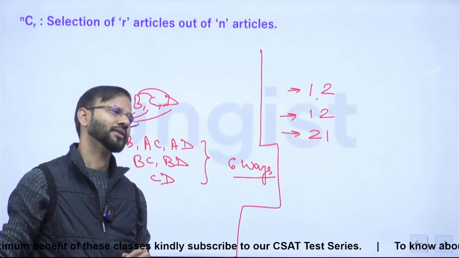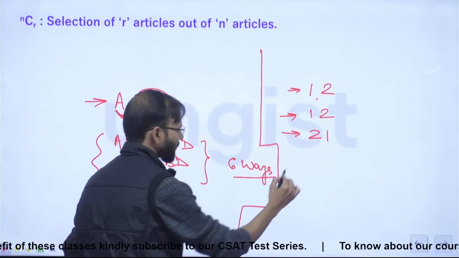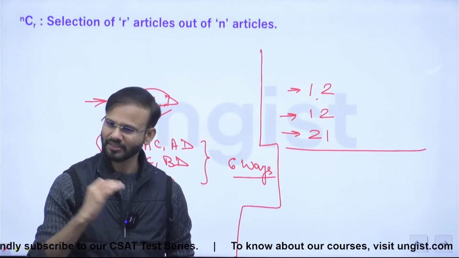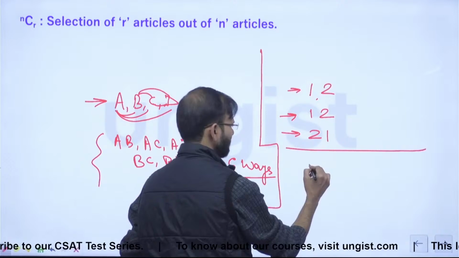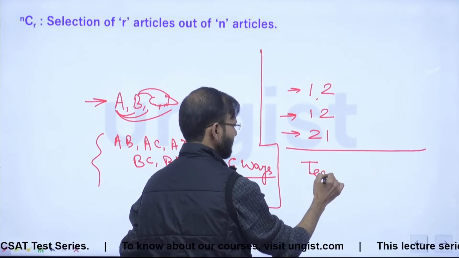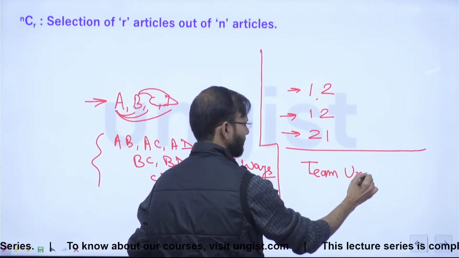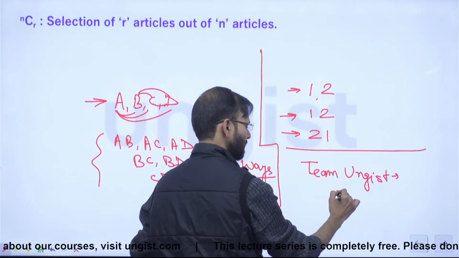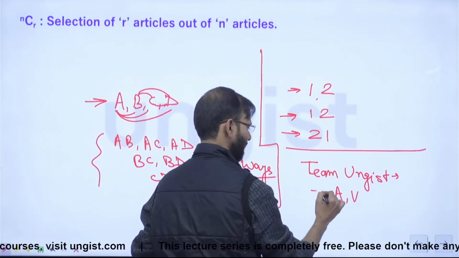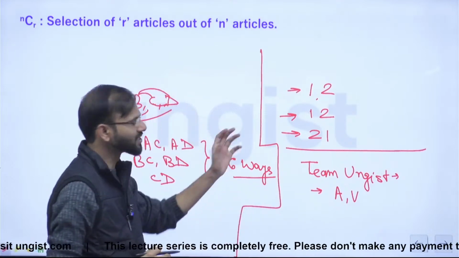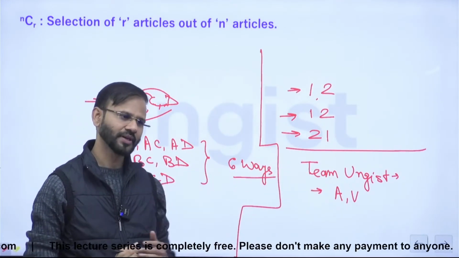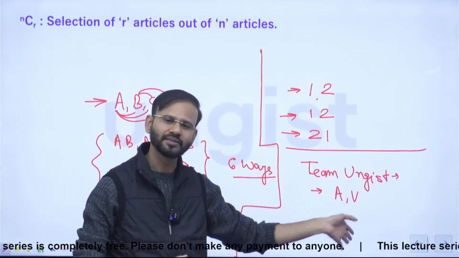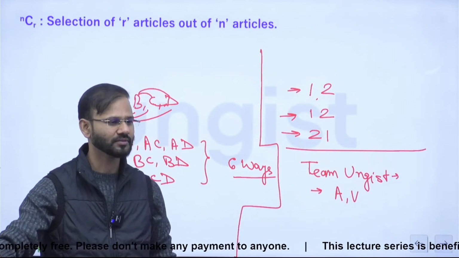But in some cases, order does not matter. For example, let's say you are Vimi and you are Aditya. Suppose that some competition is there in Old Rajendra Nagar where Team UNGIST is participating, and there are two members in Team UNGIST. One is Aditya, another is Vimi. So Team UNGIST means Aditya and Vimi, correct? Now, if you change the order, Vimi and Aditya, does it make any difference?